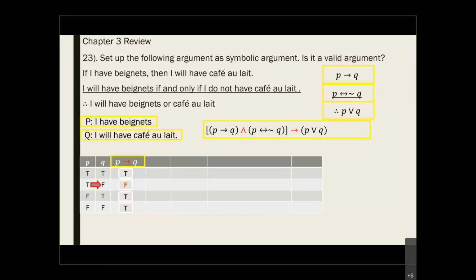Again, for the if and then, the single arrow to the right, the only time it is false is when the first thing is true and the second one is false. Now, to do the second parenthesis, I am missing the negation of Q. Hopefully you remember, it's just the opposite of Q: false, true, false, true. And now I can do the if and only if statement.